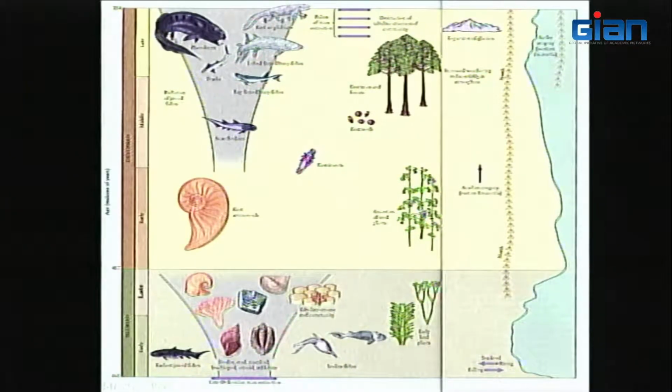But we have a very close survivor to the ammonite. These are the nautilids, and nautilids are still alive. They are not very common, but they are living, for example, in the Pacific.